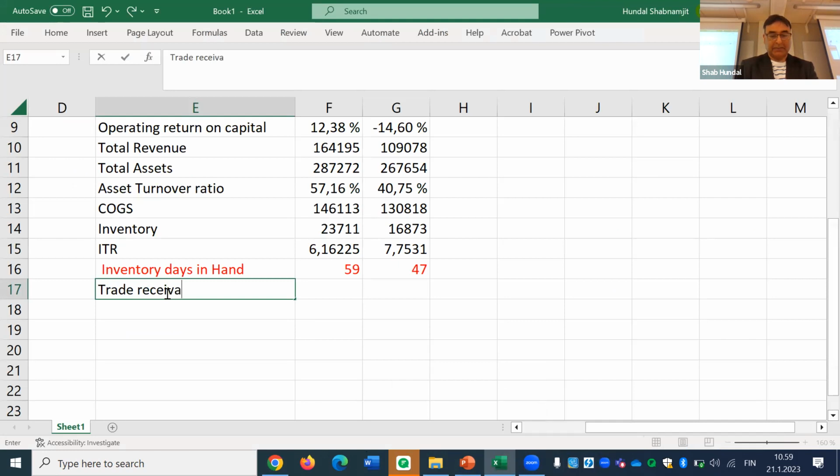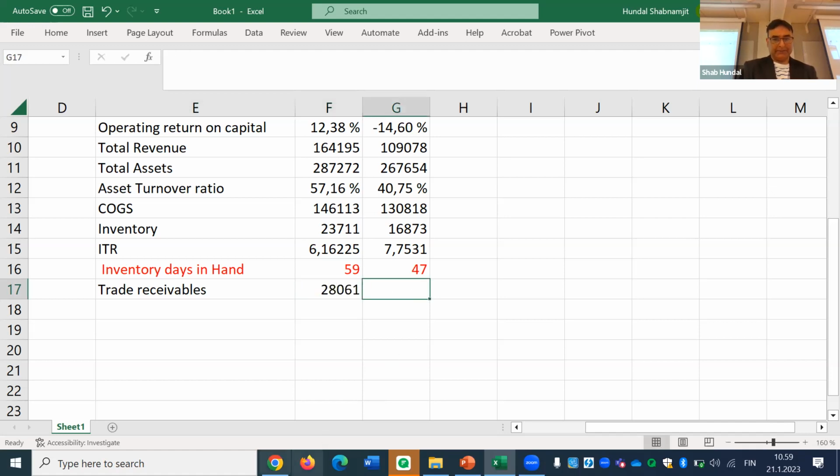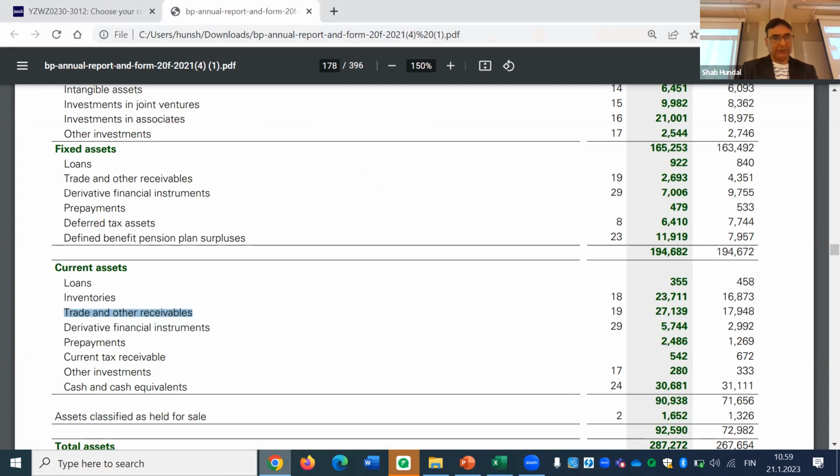So 28061 is the trade receivable figure in 21. And in the previous year, it was 840.